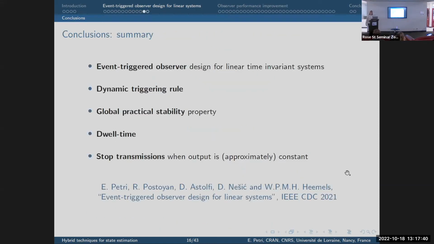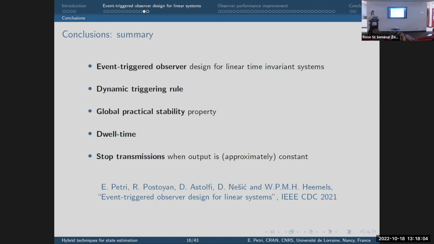So in this first part of the talk, I presented an event trigger observer design for linear systems, where we design a dynamic triggering rule that does not require significant computational capability on the sensor. We prove a global practical stability property of the estimation error, and we show that the system has a dwell time, which means that the time between any two transmissions over the network is always greater than or equal to a positive constant.